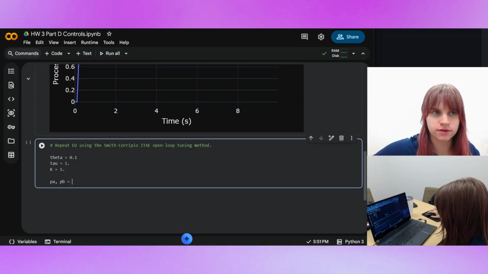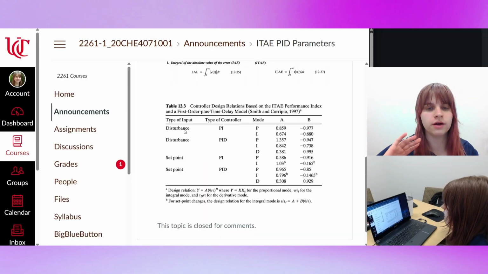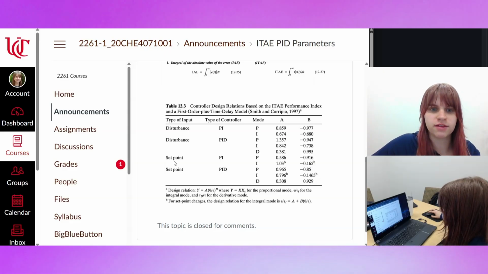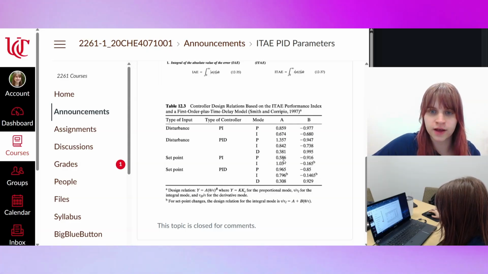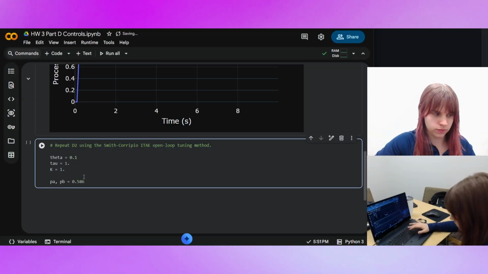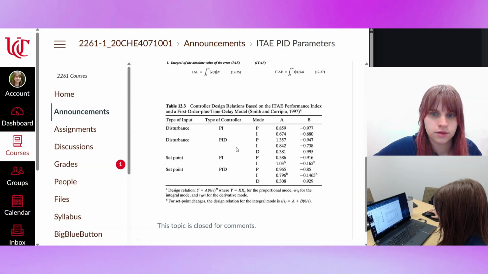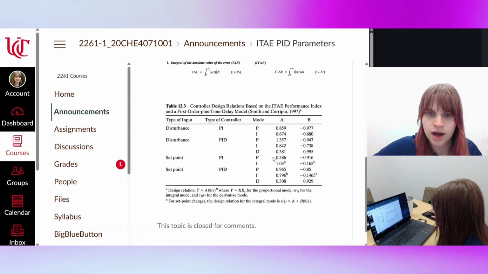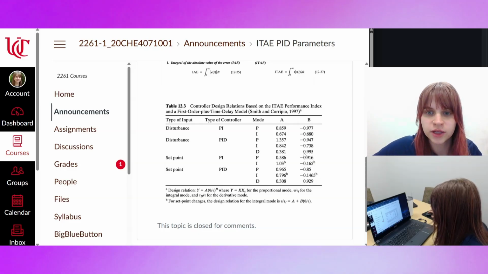And I just realized I was actually looking at a disturbance input, but we are not doing that. We are doing a set point input. So actually our P should be 0.586, and so that's our PA. Our PB is negative 0.916.